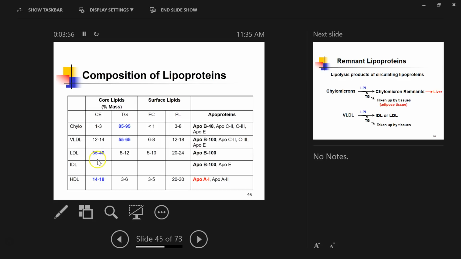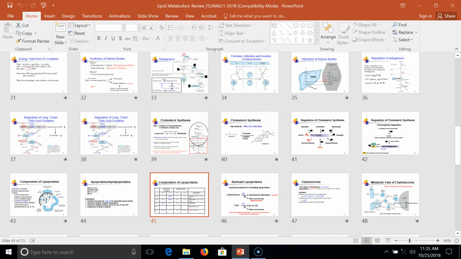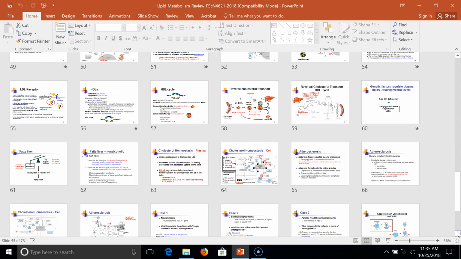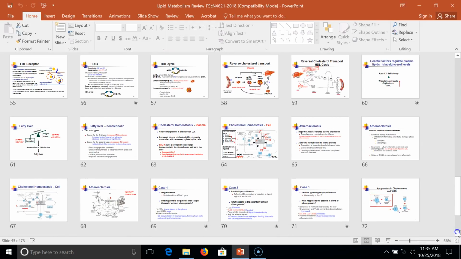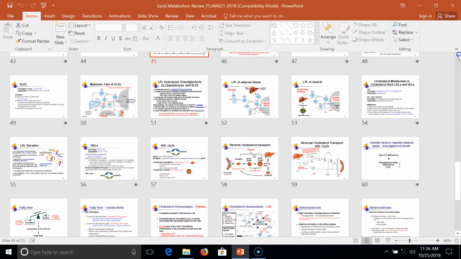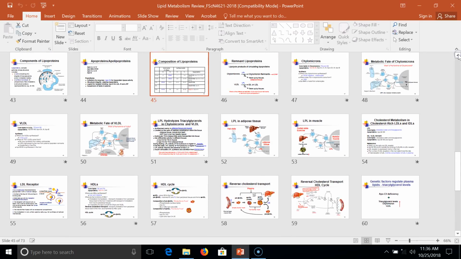I think you wanted to know the specific slide that we have, talking about these four different proteins, what are their functions and where they're located.